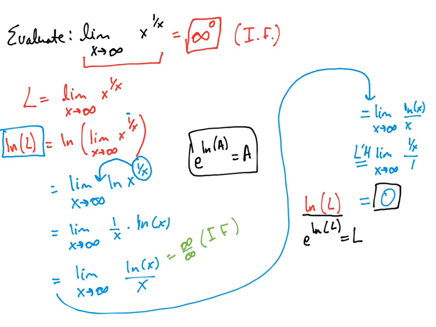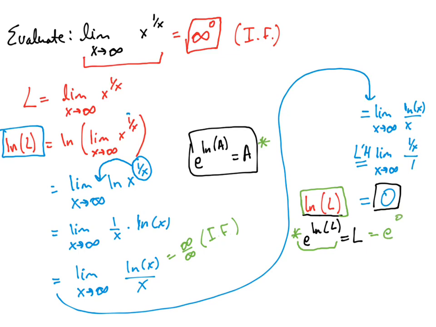Putting these two facts together, we could say that e to the ln of L is equal to L by this property up here. But we also know that ln of L was equal to 0. So e to the ln of L is the same as e to the 0.